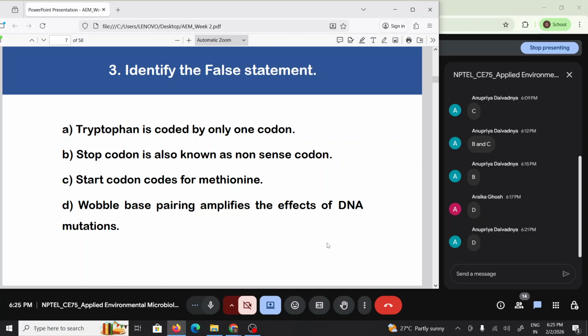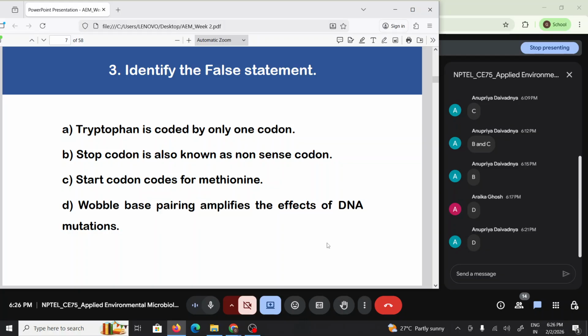And the last thing is about the Wobble base pairing. So Wobble base pairing amplifies the effects of DNA mutation. That is the statement. So first of all, what is Wobble base pairing? When we are doing transcription, translation and all, there is going to be a codon and there is going to be a tRNA that's going to bring the amino acid corresponding to the code.